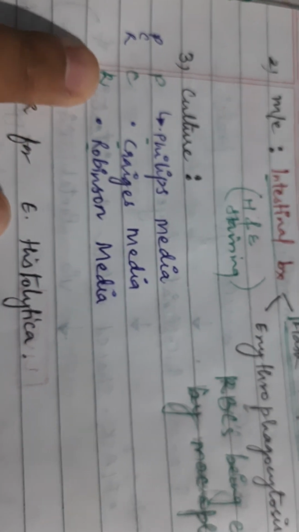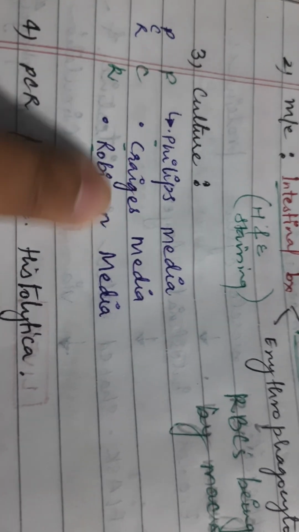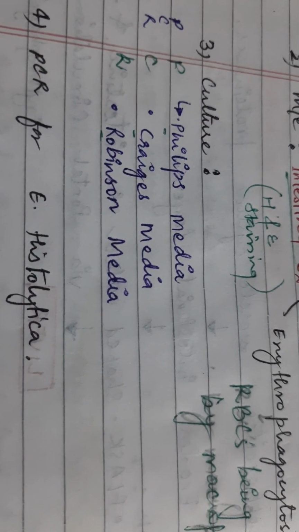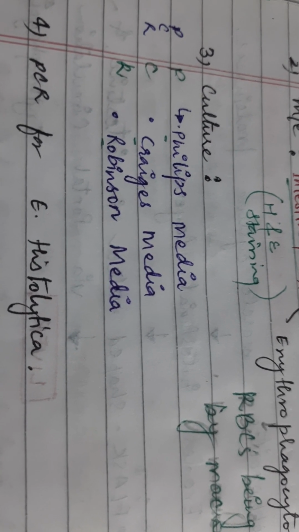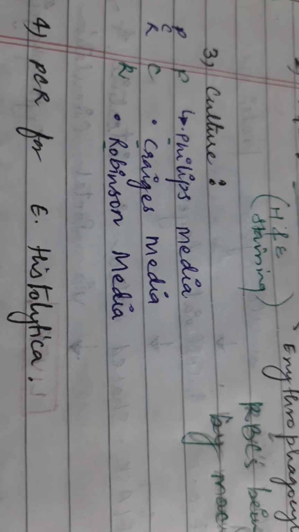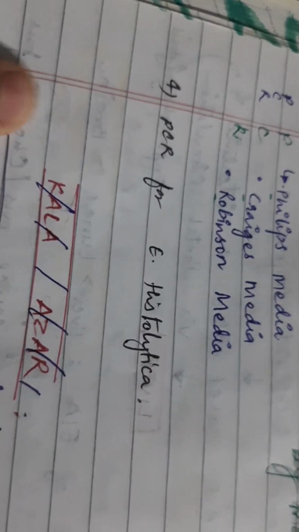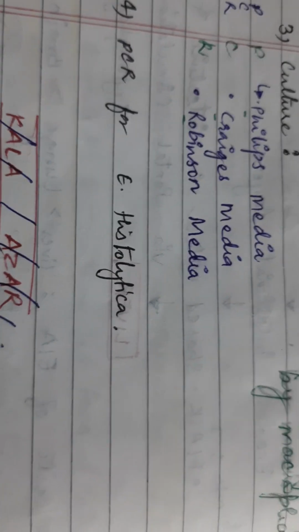And then culture and PCR: Phillips media, Craig's media, and Robinson media. We can do culture in these three media for Entamoeba histolytica. Then you can do polymerase chain reaction. That's it. This is all about Entamoeba histolytica.